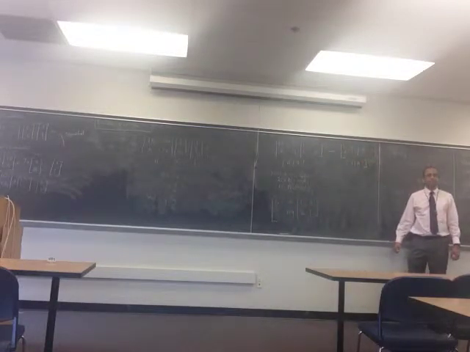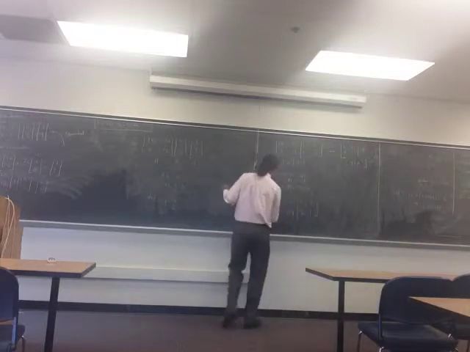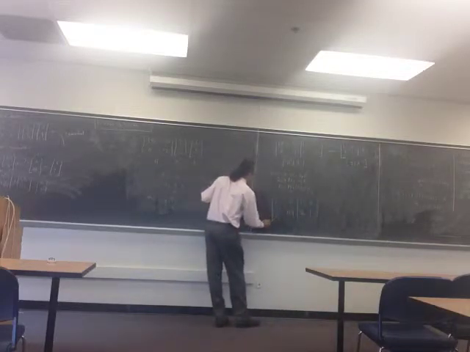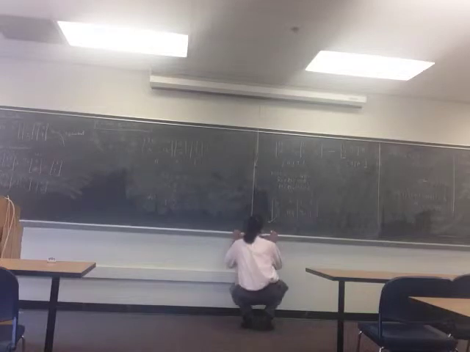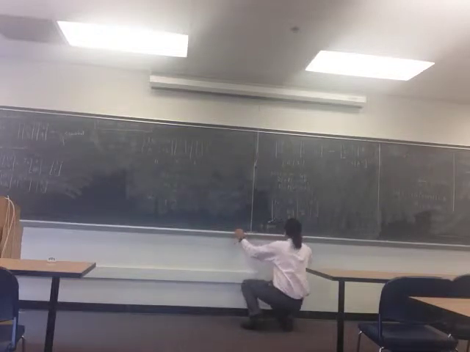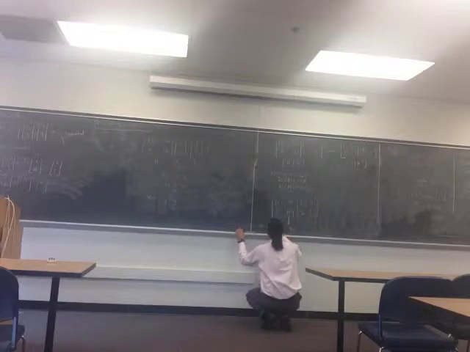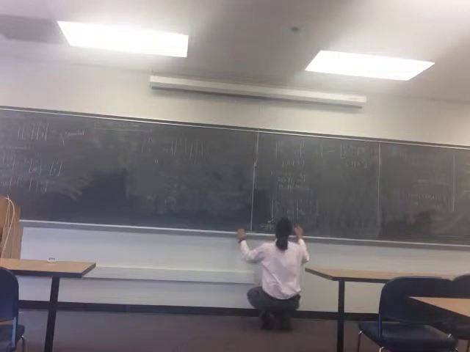Now, I'm not getting good feedback from you guys. How about I write down each entry here? That'll help. How did I get this one? Okay. How about this one? Four over 10 times 4.